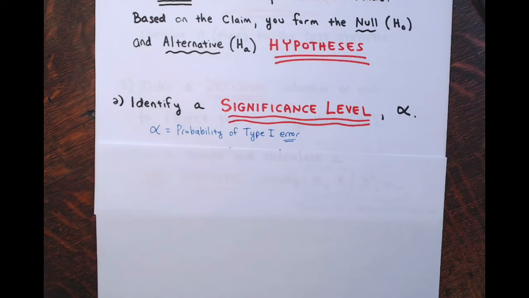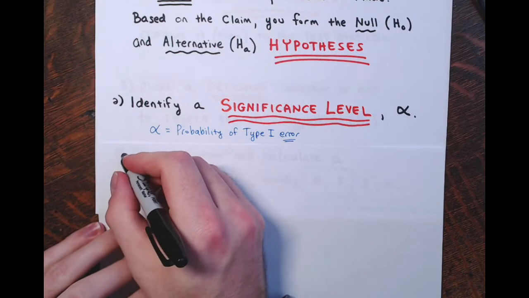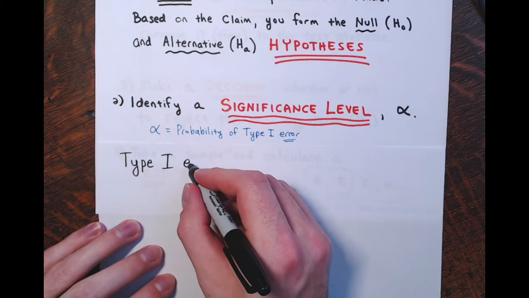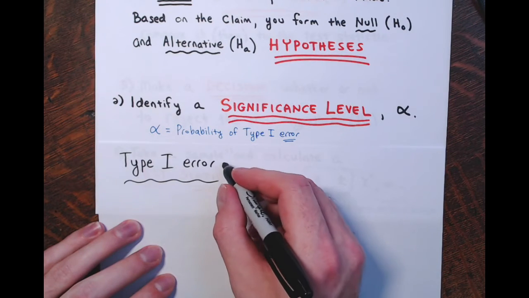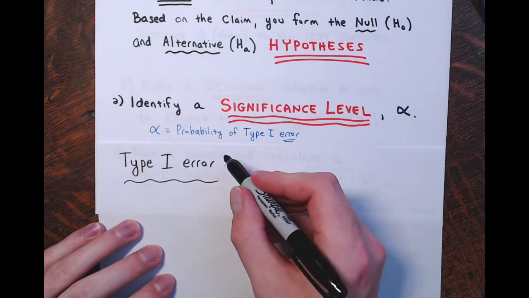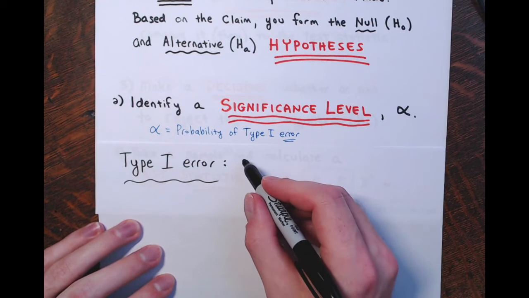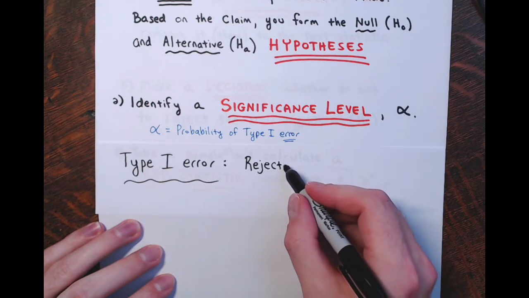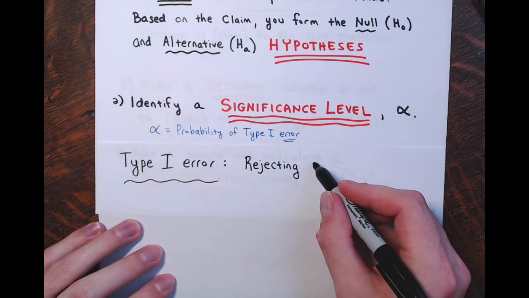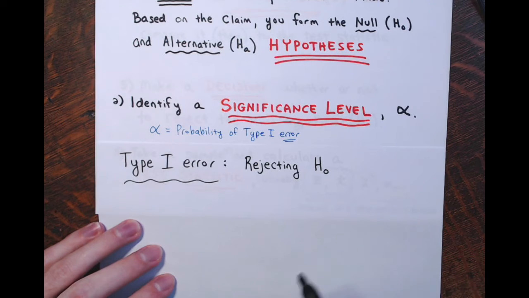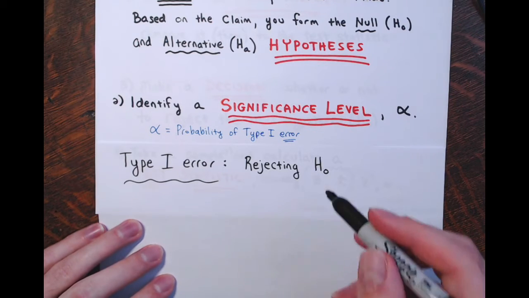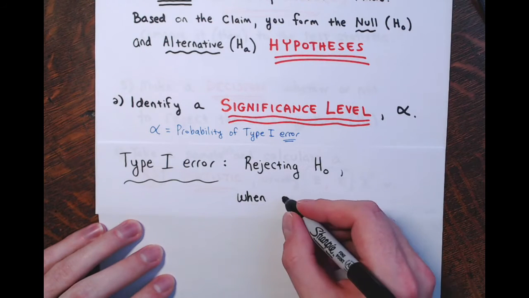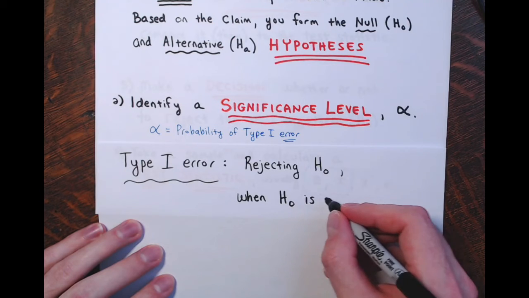So what's a type 1 error? A type 1 error in a hypothesis test is rejecting the null hypothesis, rejecting H0, saying that you're not supporting it, when the null hypothesis is in fact true.